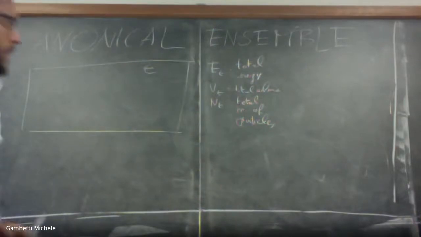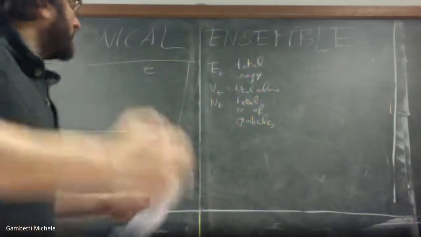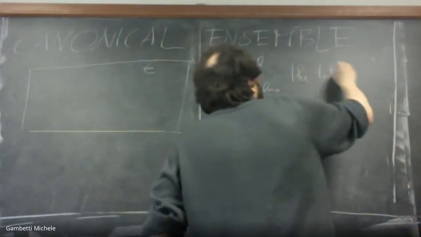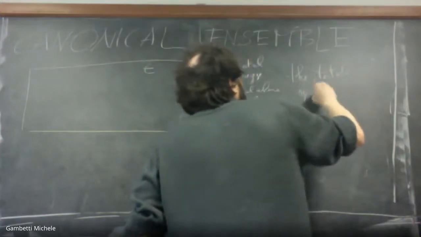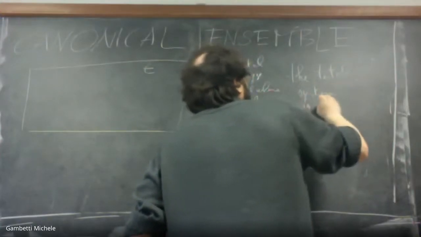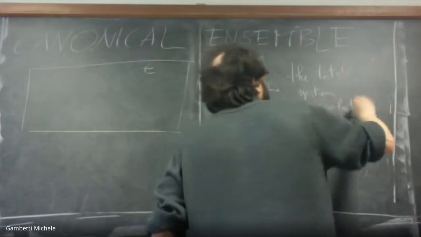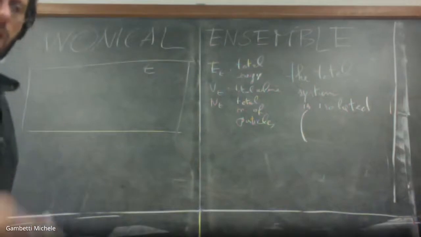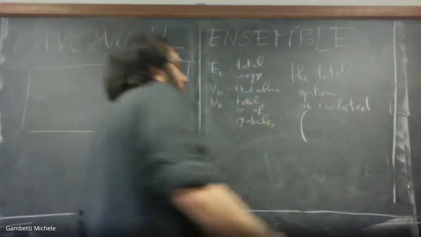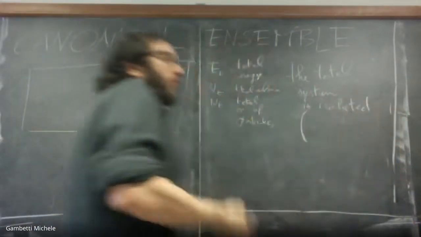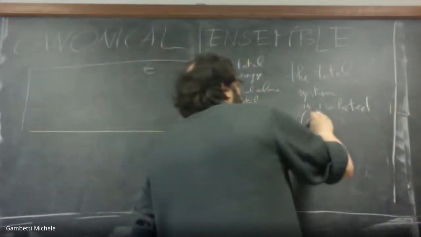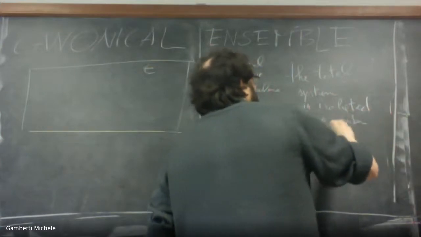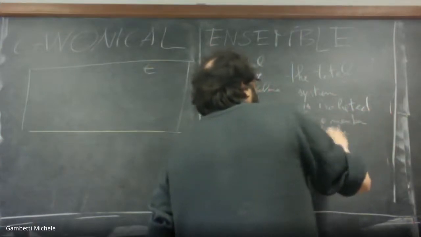Now, this system, the total system, is isolated. And for this total system, I can write the microcanonical formalism, as a member of the microcanonical ensemble.